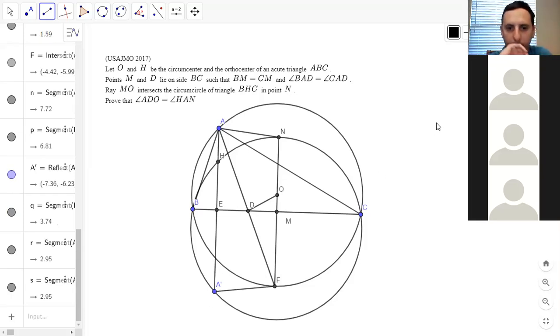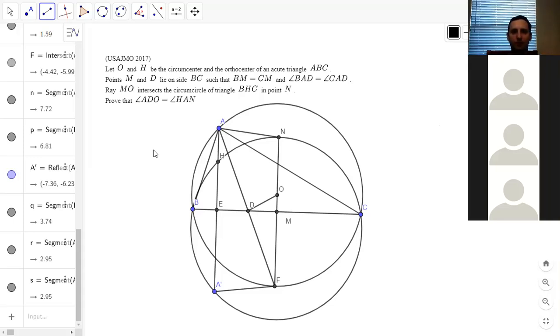Or does D go to F and O go to A prime? D goes to F and O goes to A prime. D goes to F because AD times AF is AB times AC. And O goes to A prime because triangles AOC and ABA prime are similar.